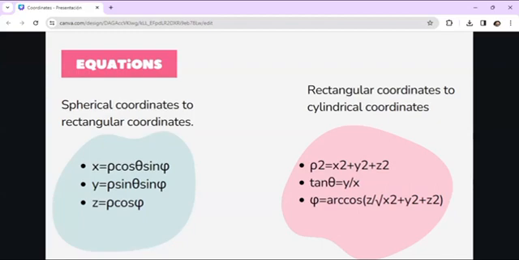And the last one is phi is equal to inverse cosine of z divided by the square root of x squared plus y squared plus z squared.